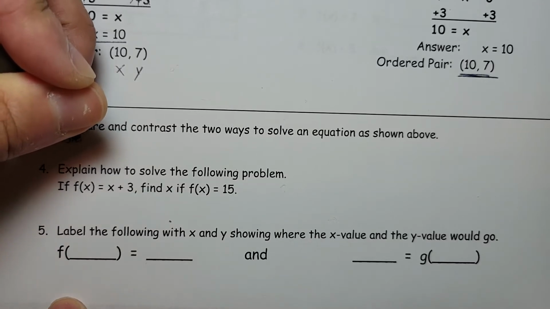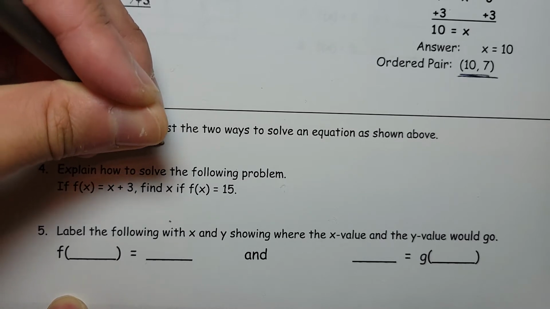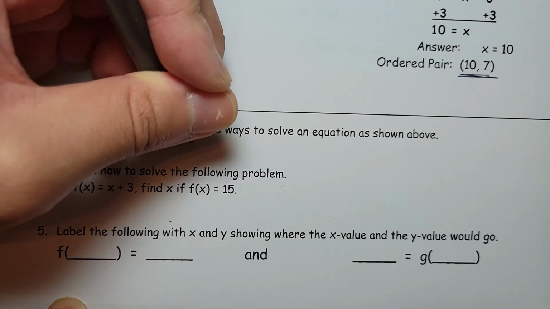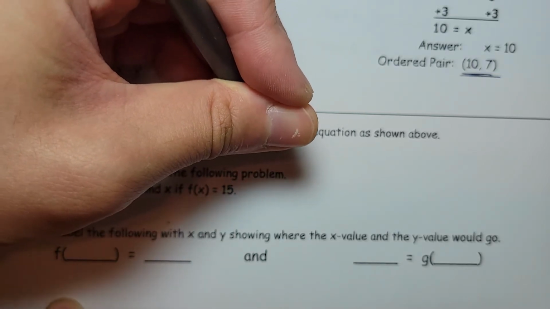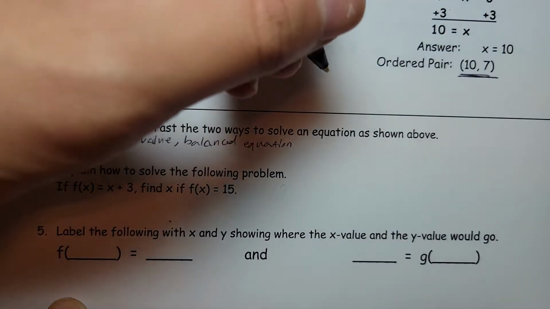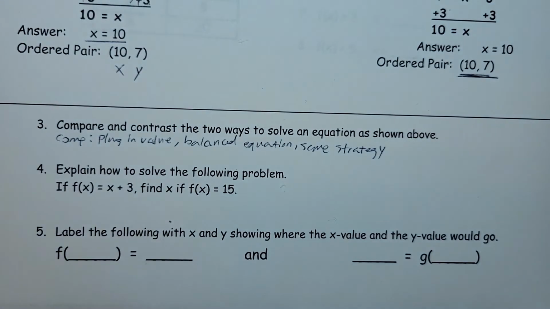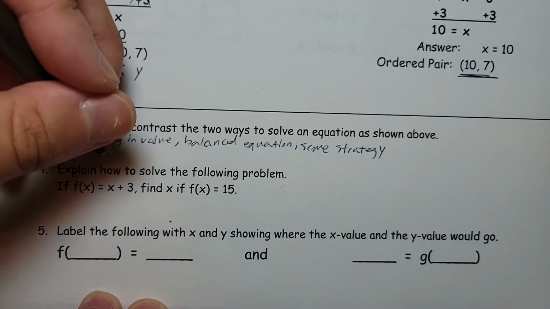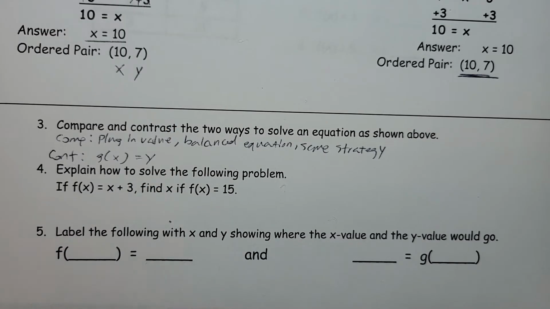So, compare: plug in value, balanced equation, same strategy. The difference would be we have g of x, which equals y, because previously we had f of x.